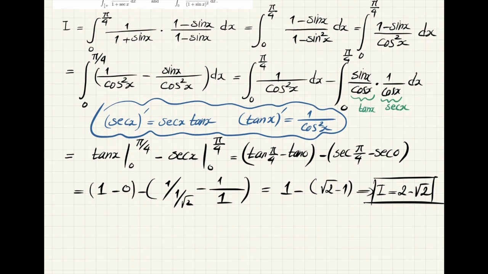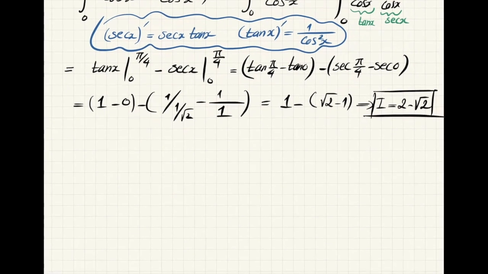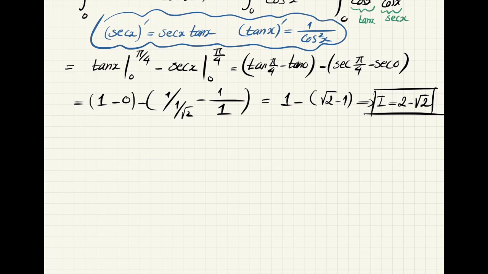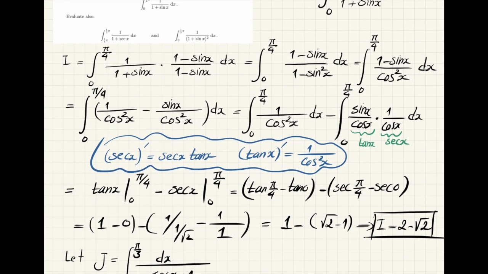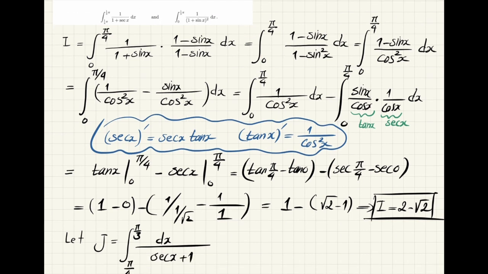Let us first give this integral a name. Let J be the integral that I am going to calculate, from pi over 4 to pi over 3, of dx divided by secant of x plus 1. In the question it is written 1 over 1 plus secant of x.